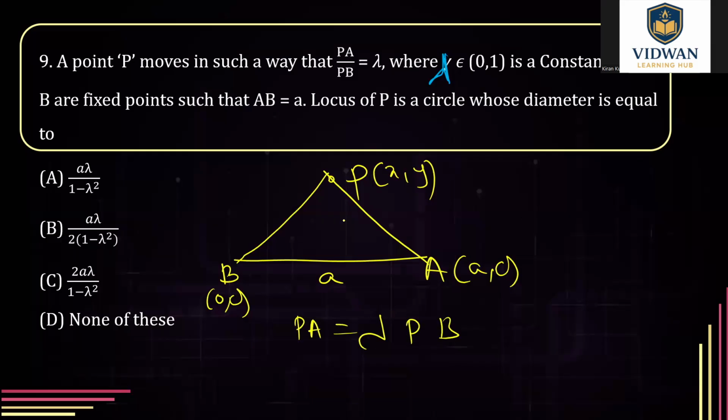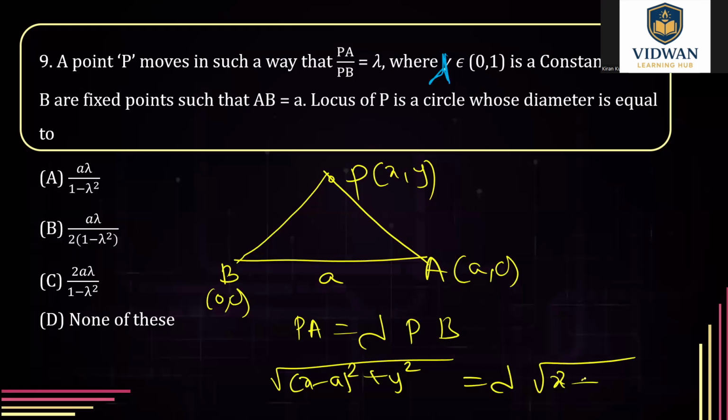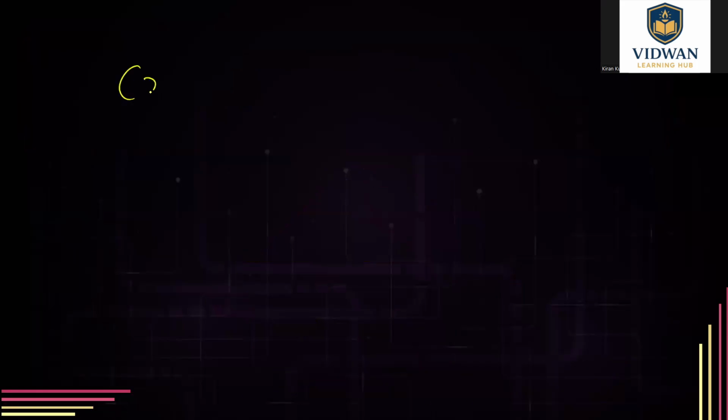Just use the distance formula. PA would be root of (x minus a) whole square plus y square, equal to lambda into PB, which is just root of x square plus y square. Let us square it now. So (x minus a) whole square plus y square equal to lambda square into (x square plus y square).